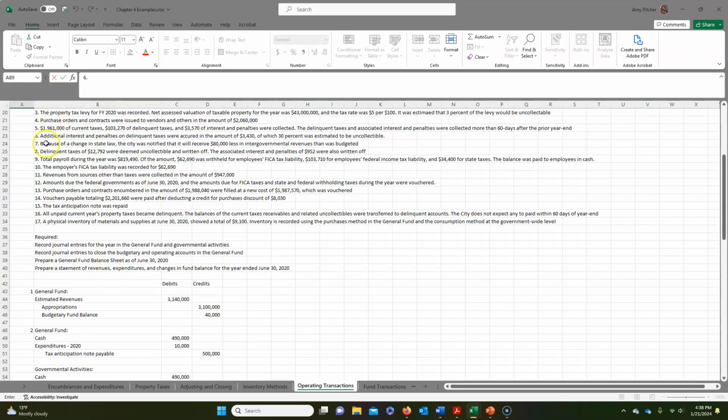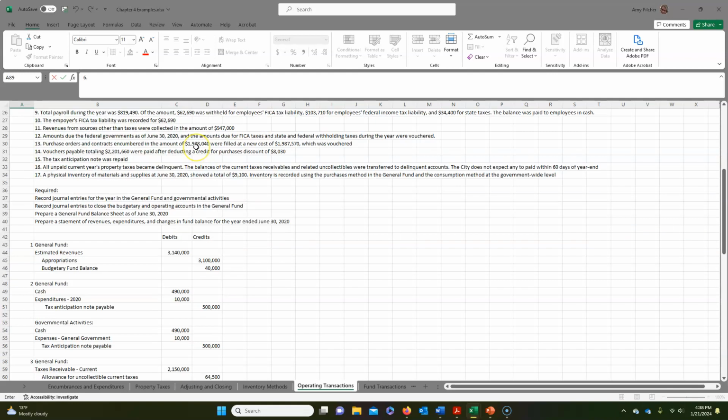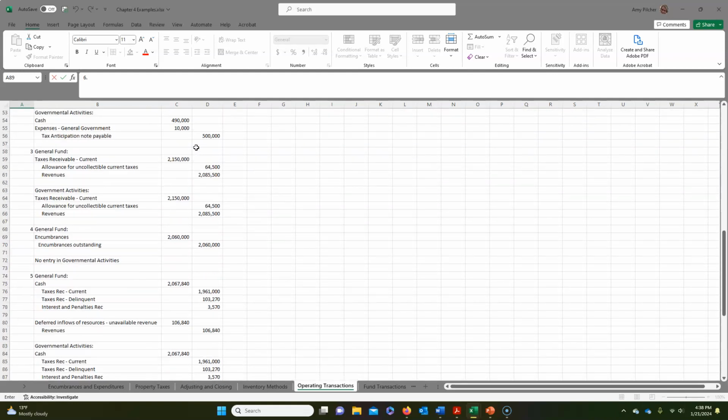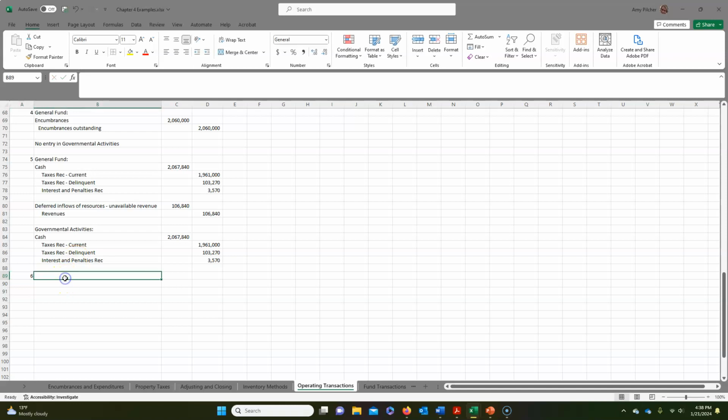Transaction 6, it says additional interest and penalties on delinquent taxes were accrued in the amount of $3,430, of which 30% was estimated to be uncollectible. Okay. So we have interest and penalties receivable, $3,430.